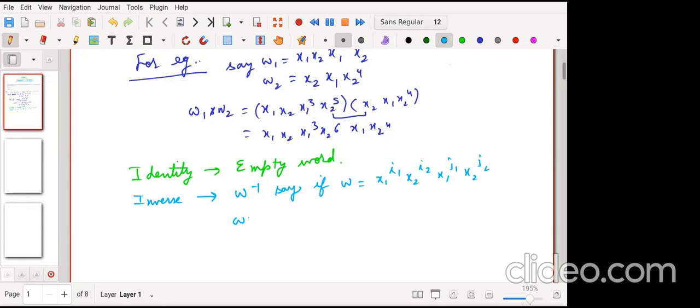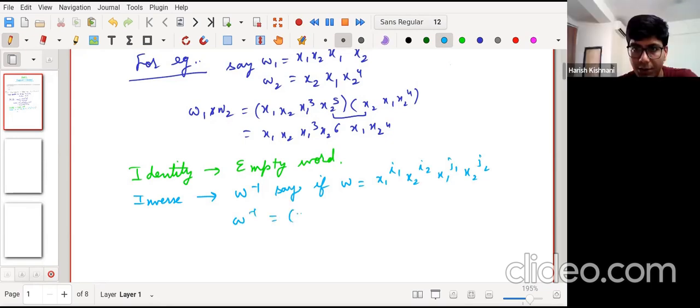Your W inverse will be, just take the inverse of all these and follow the horseshoe property.